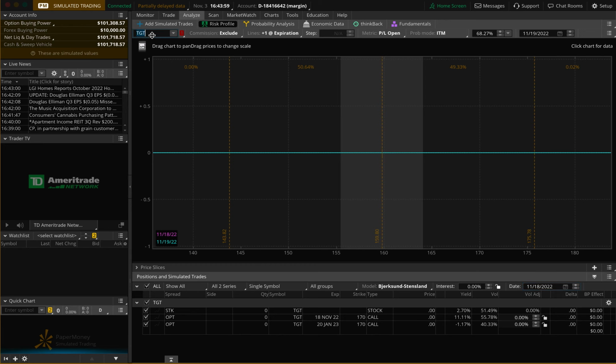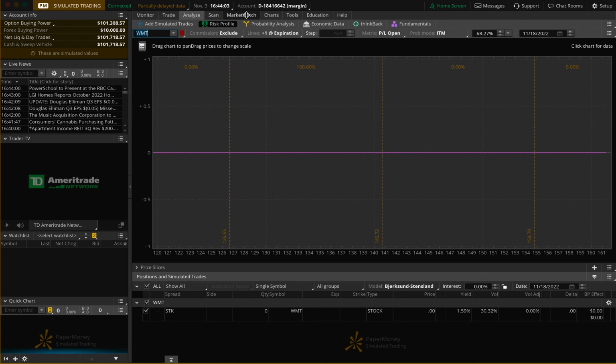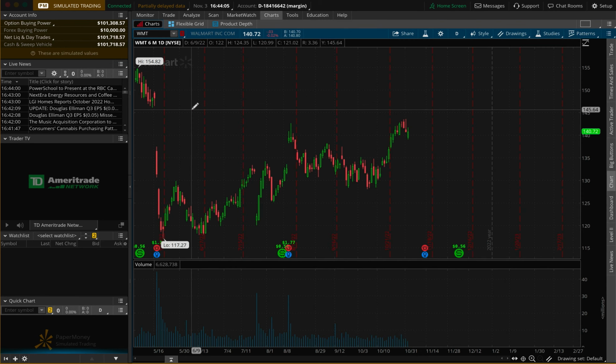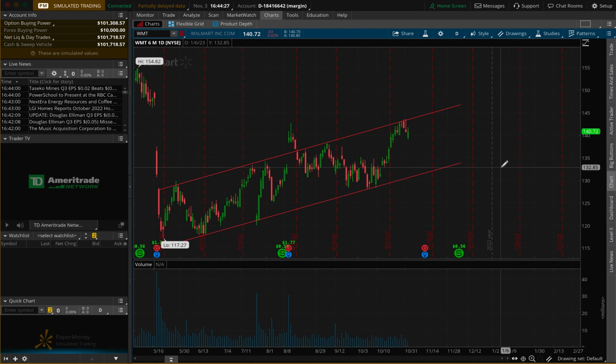The other one was similar, which is Walmart, that also has earnings. And in this one, it's not so much up, although I could see how it could chop around, but it actually looks more like an uptrending channel. So it looks kind of more like that.